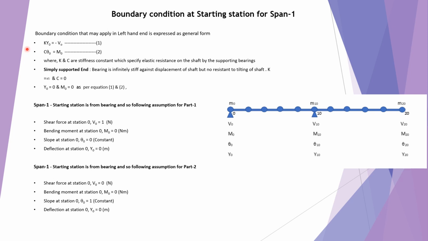For a simply supported end, that means this end is a bearing, so there is no deflection, so stiffness is very high, that is K is infinity, and C is 0. Putting all the values in equations 1 and 2, we get y0 is 0, M0 is 0.